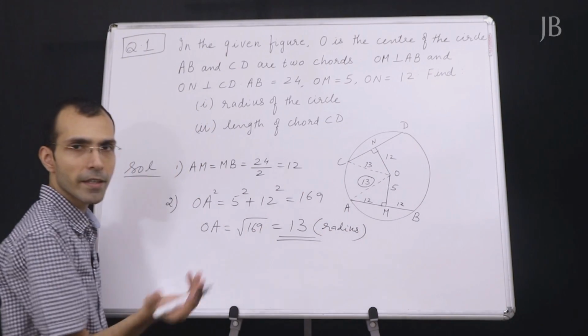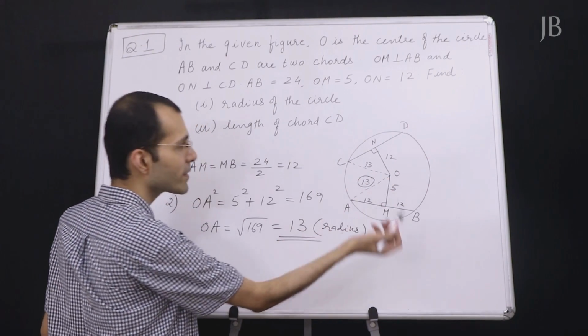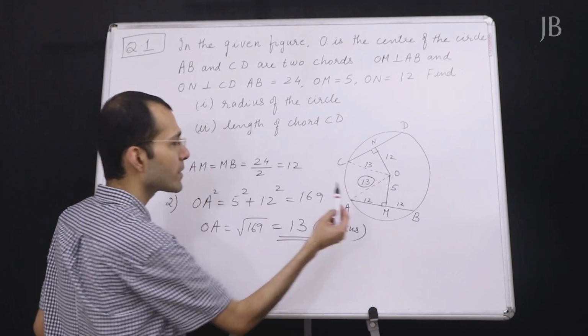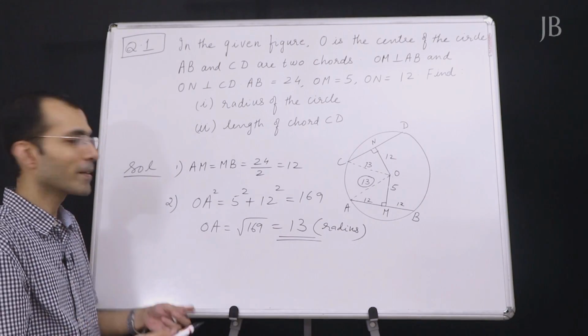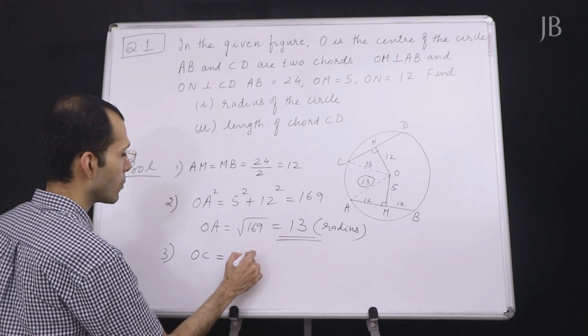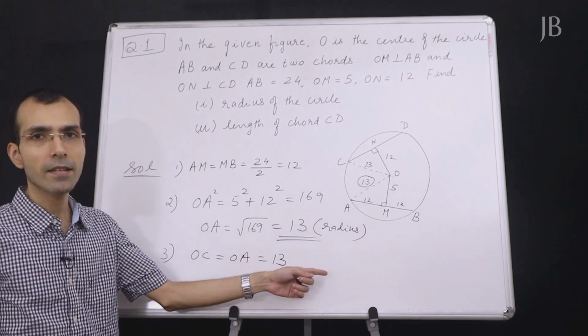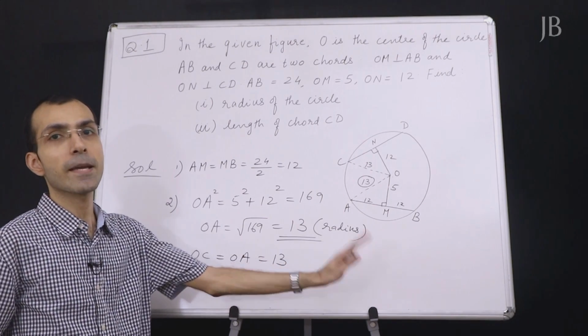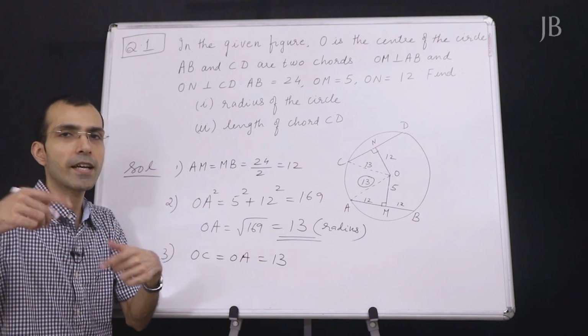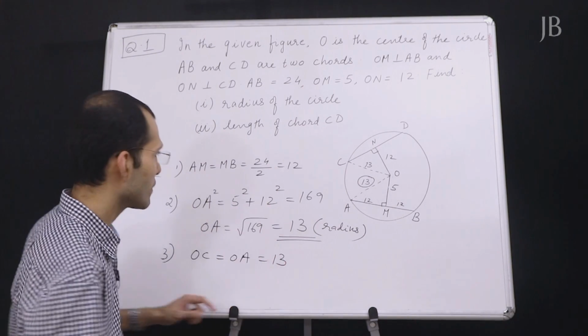Because OC is also the radius of the same circle, right? OC is the radius, OA is the radius. So if OA is 13, OC also will be 13. OC equals OA equals 13. What would be the reason here? Radii of same circle. Radius is singular, radii is plural, RADII. Radii of same circle. So this is now done.